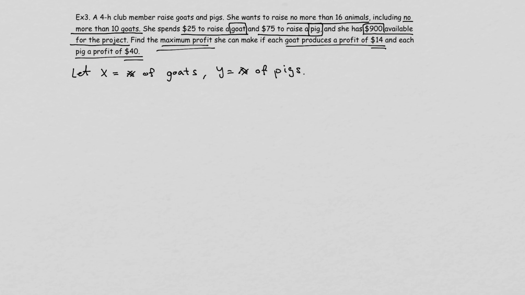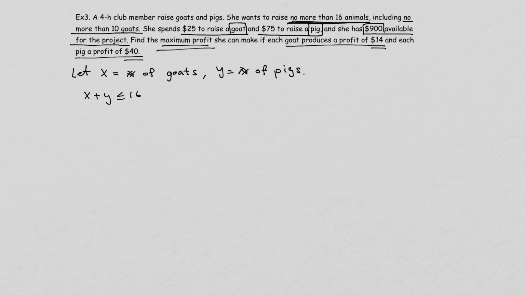And the first inequality that I can use is no more than 16 animals, right? So you don't want it to have more than 16. So we should be able to create X plus Y should be less than or equal to 16.